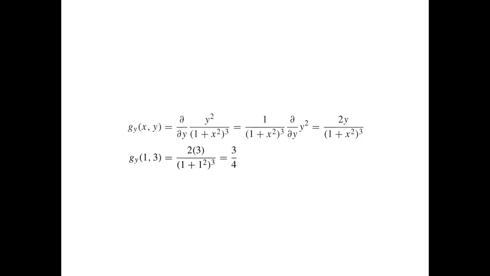And that would be this with respect to that, 1 over this. So yeah, they got that right, and this is that, so this is 2y times that, everything else.